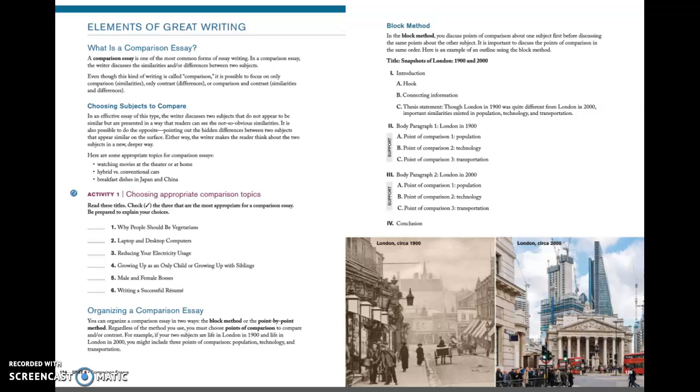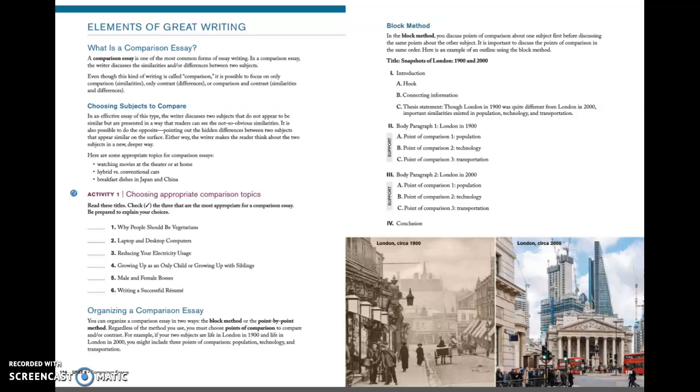Okay, now that you have reviewed the 6 topics, let's see which ones would make a good comparison essay. Why people should be a vegetarian? No, we're not really comparing. Unless, for example, you want to compare the health of people who are vegetarians versus people who are not vegetarians.